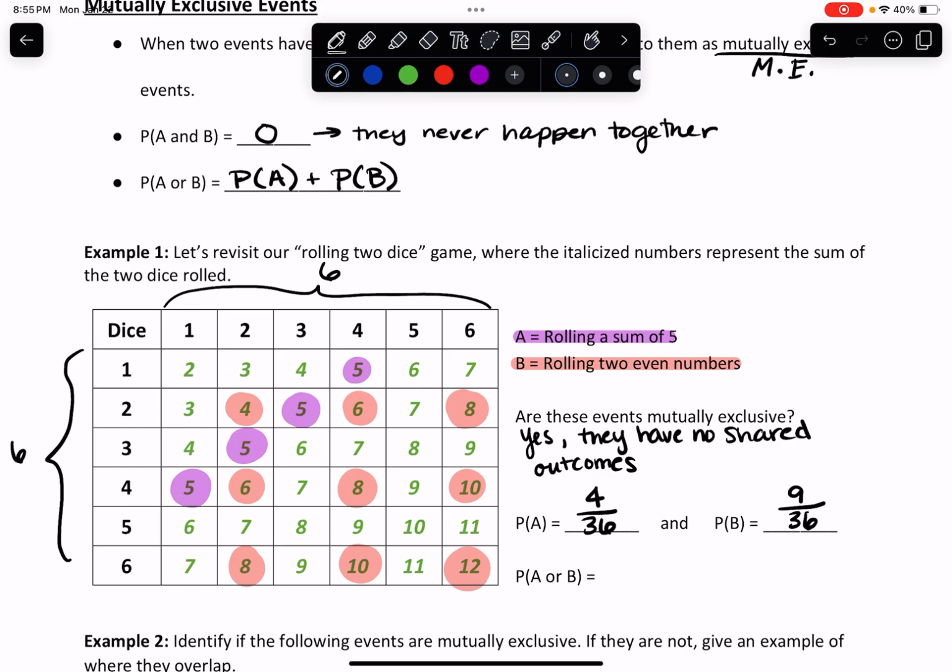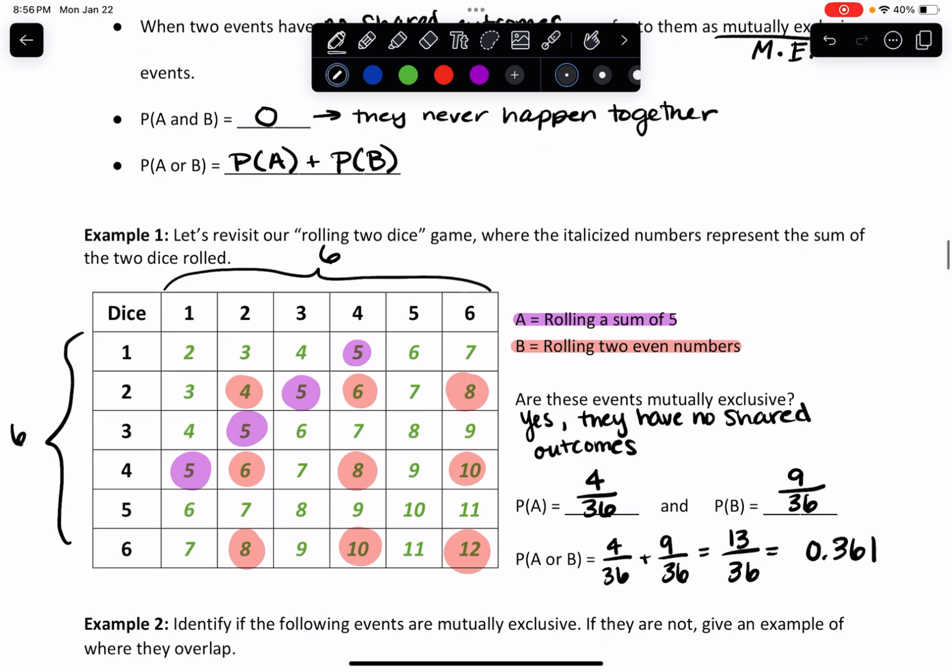So the probability of A or B happening is 4 out of 36 plus 9 out of 36, which equals 13 out of 36, or 0.361. So the probability that we roll a sum of 5 or roll 2 even numbers in this game is 0.361, theoretically.